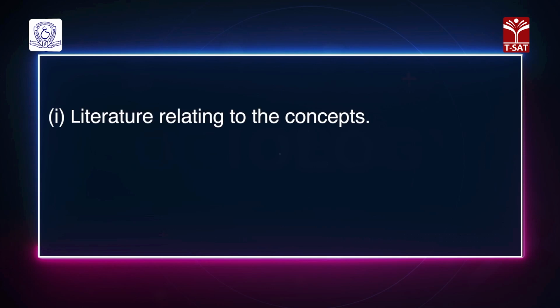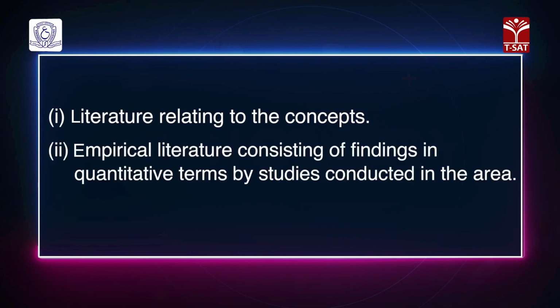Firstly, literature relating to the concepts, and secondly, the empirical literature consisting of findings in quantitative terms by studies conducted in the area. This will help in framing research questions to be investigated. Academic journals, conference proceedings, government reports, books, etc. are the main sources of literature. Presently, a large volume of literature is being accessed through the internet.